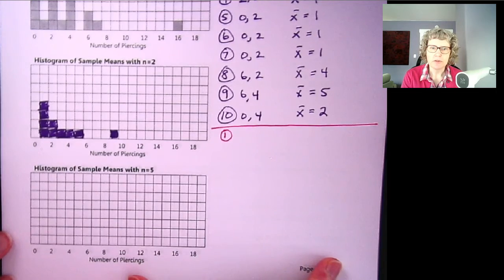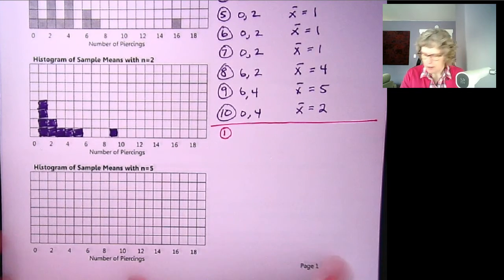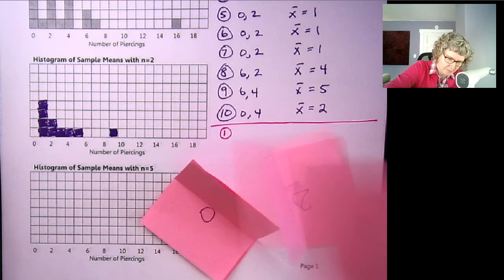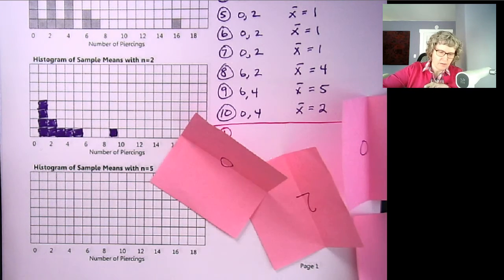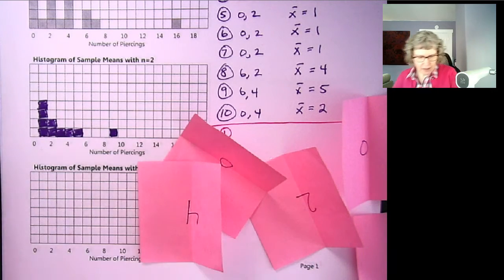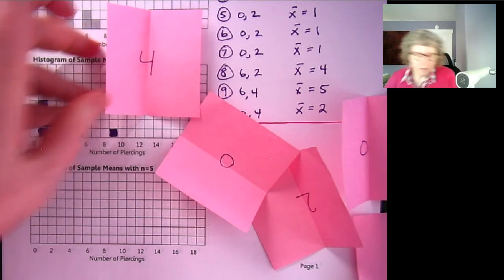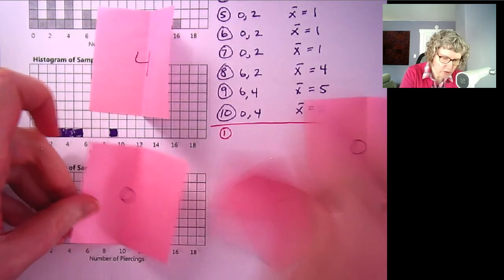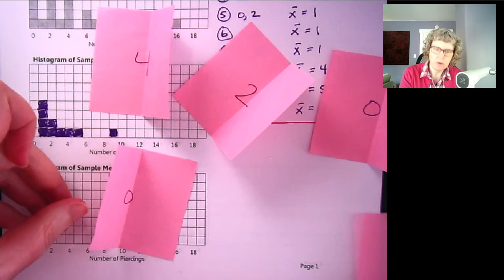Just to show you how that's going to look, and then I'll pause it again. That's 4, 5. Okay, so I got 4, 0, 2, 0, 1.